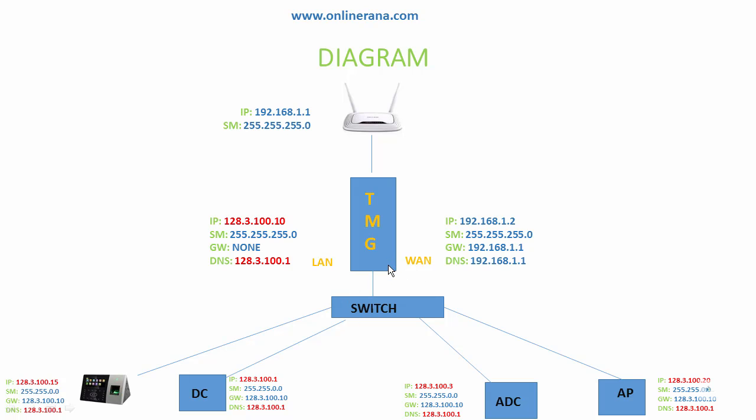When the interface of TMG is plugged into our router's internet, TMG will take the internet from the router and share it through the LAN card and transfer it to all the users and all the appliances in your network.